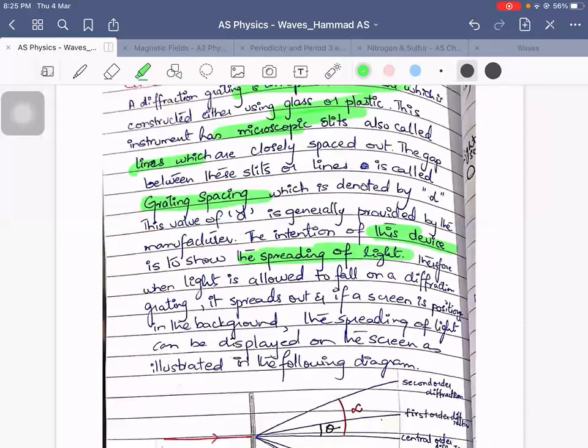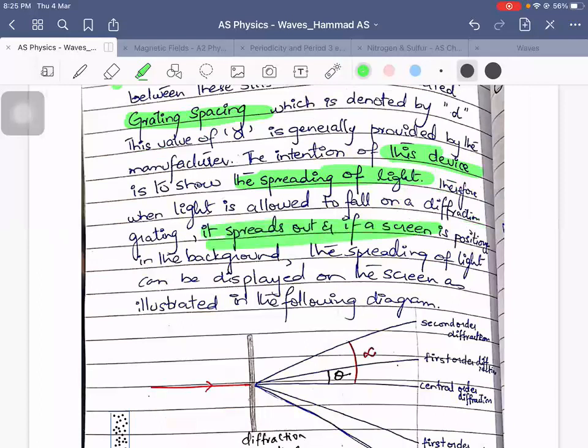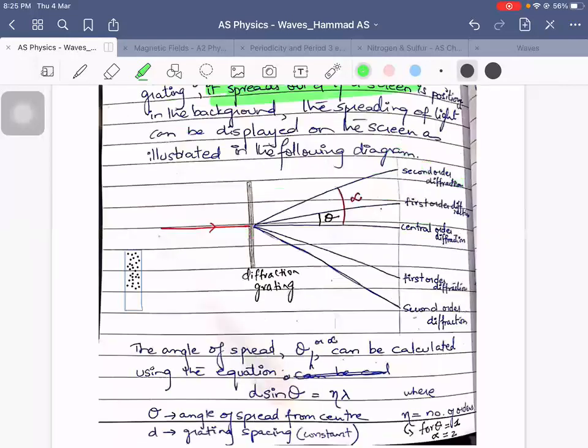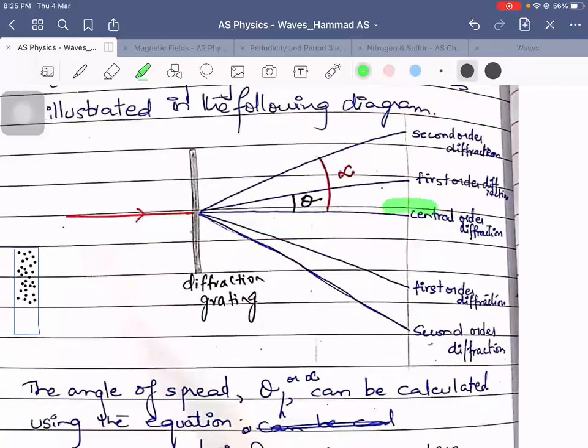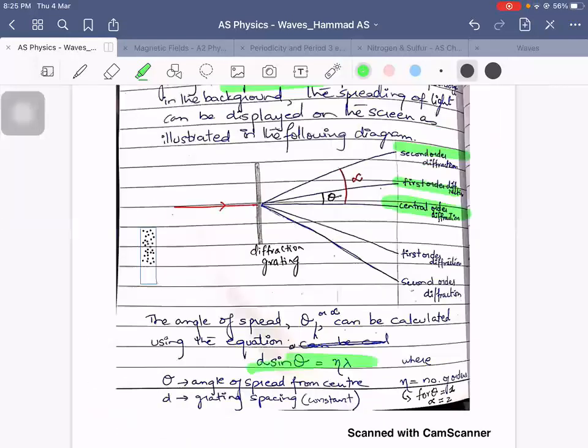Therefore, when light is allowed to fall on a diffraction grating, it spreads out. And if a screen is positioned in the background, the spreading of light can be displayed on the screen as illustrated. Just like Young's double slit, there's a central order diffraction, there's first order, there's second order. However, the formula used is a little different. We have n lambda is equal to d sine theta, right? It's a straightforward question, so shouldn't be a problem.